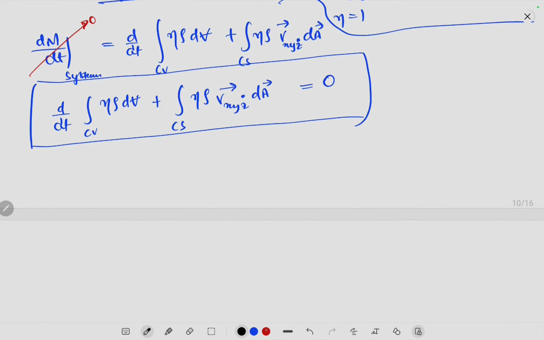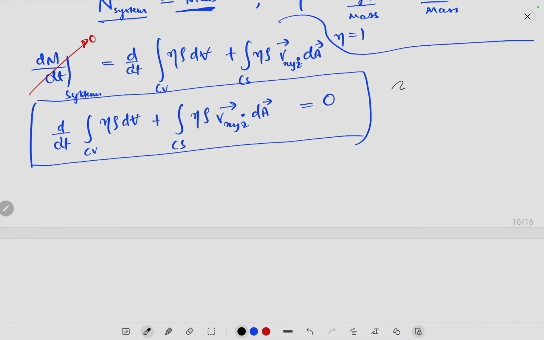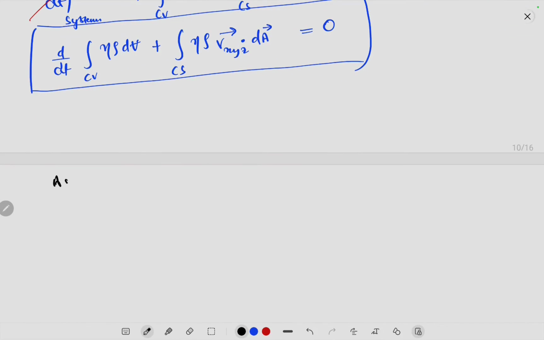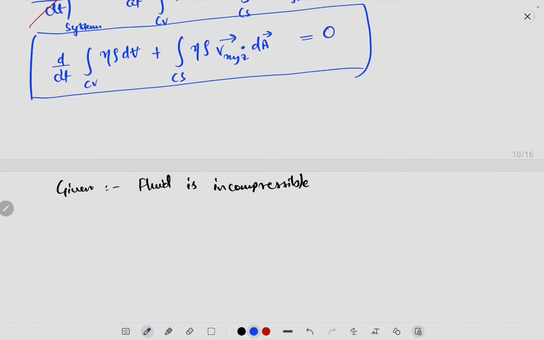Now in most of the problems you will be given that the fluid that you are dealing with is incompressible. Let's just write it over here. So if the fluid is incompressible, what does it tell me?